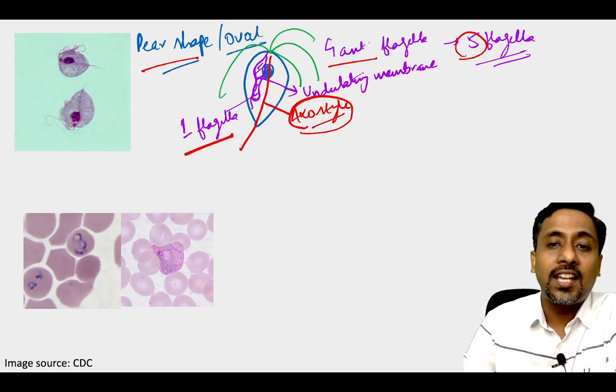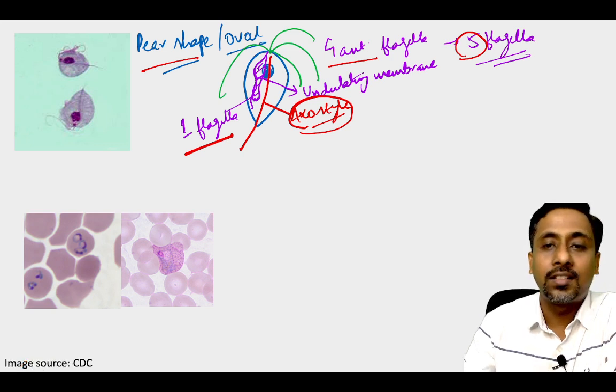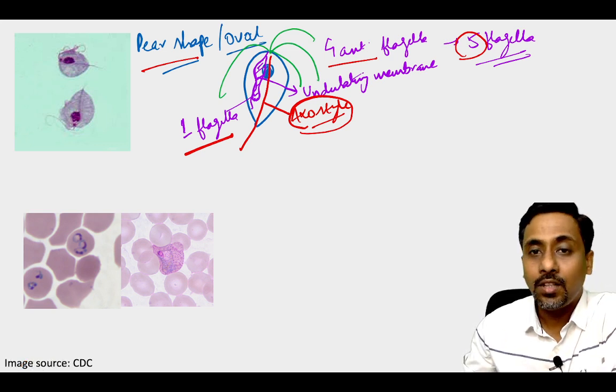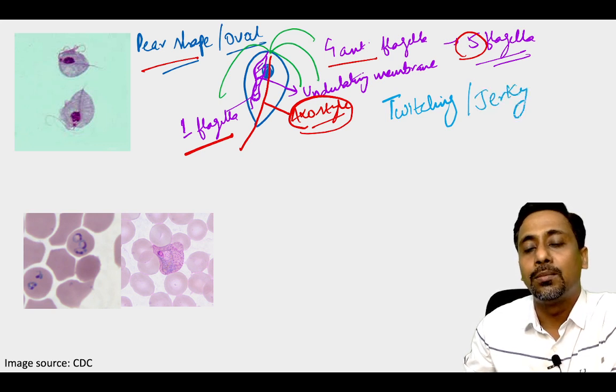And it has got a characteristic motility. Okay, and this motility is known as twitching motility or jerky motility.